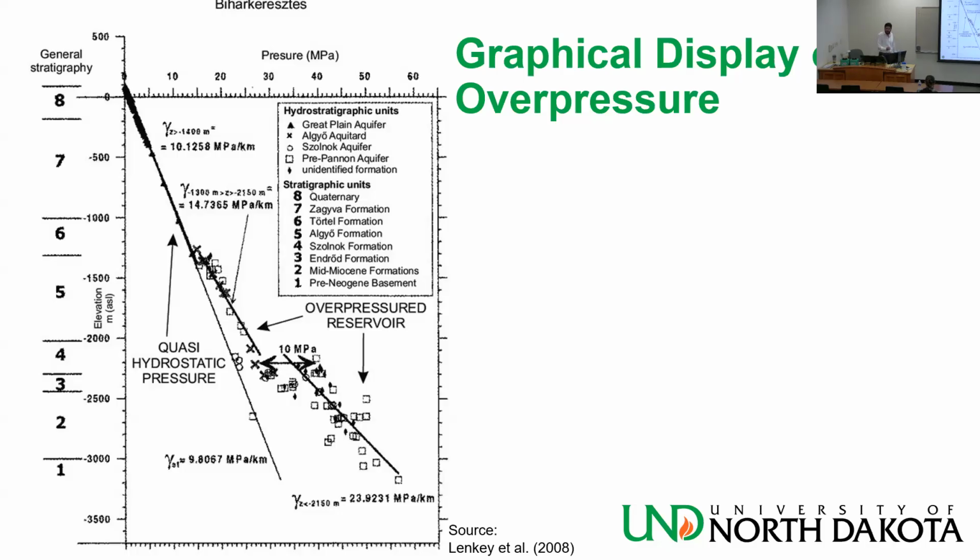If I'm exactly there, I'm at hydrostatic pressure, also known as normal pressure, and I can be under or above. If I'm overpressured, it means I have pore pressure higher than the freshwater density equivalent.